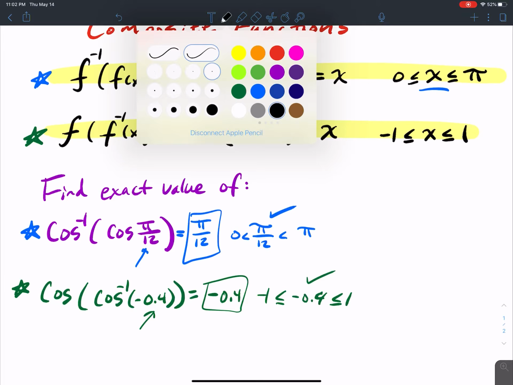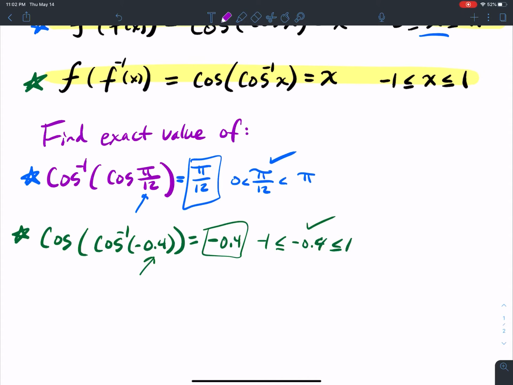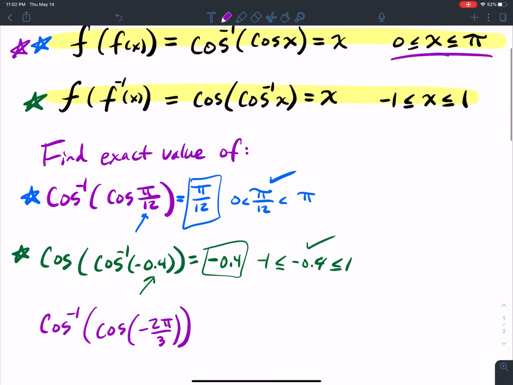Okay, the next one, let's do cosine inverse cosine -2 pi over 3. All right, so this looks more like that first one. So I need to make sure that my theta, my x, is between 0 and pi. -2 pi over 3 is less than pi, but it's not greater than or equal to 0.